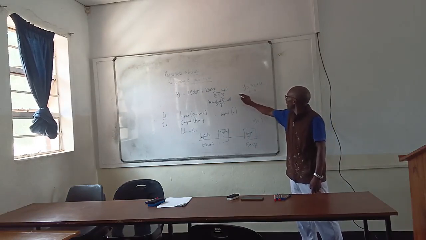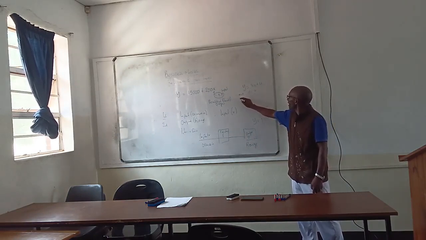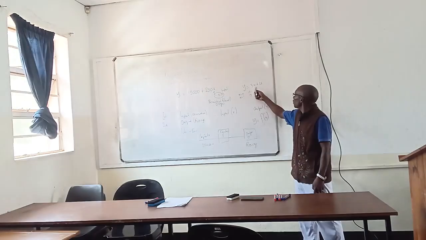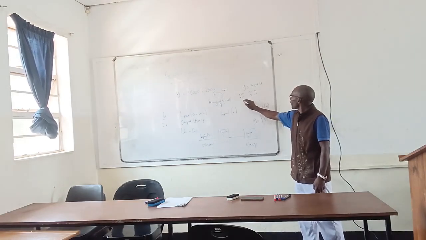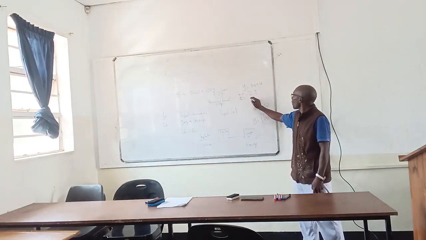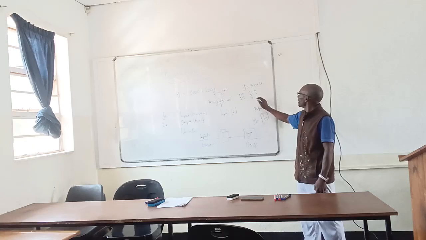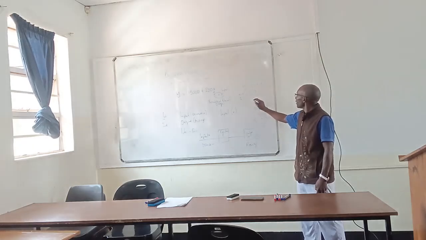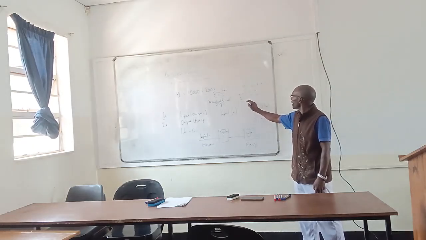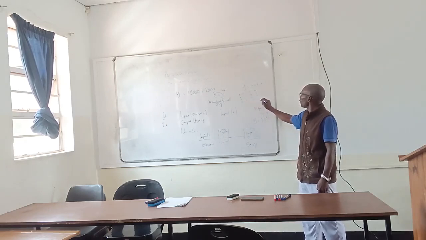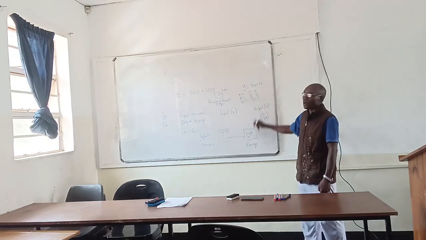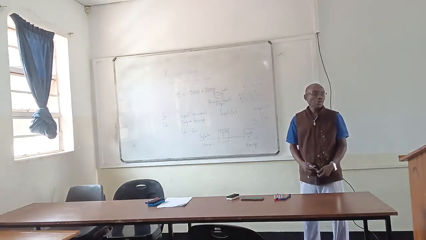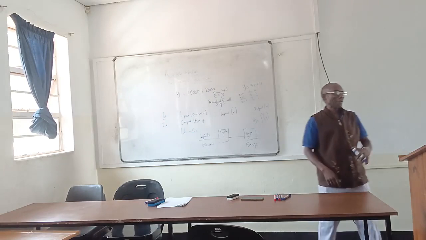When x is 0, y is 4. When x is 1, y is equal to 7. When x is 2, y is equal to 10. When x is 3, y is equal to 13.